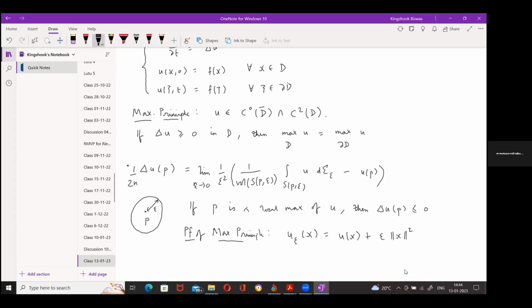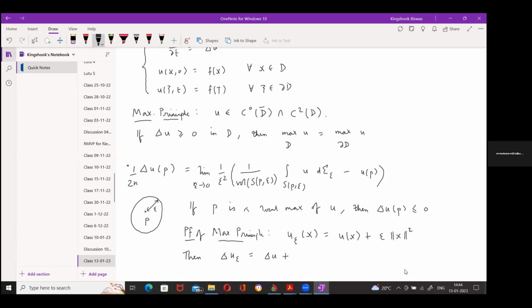Okay. So then the Laplacian of u epsilon is going to be the Laplacian of u plus the Laplacian of norm x squared, which is the summation of xi squared. If I differentiate each xi squared twice, I'll just get 2 with respect to xi.